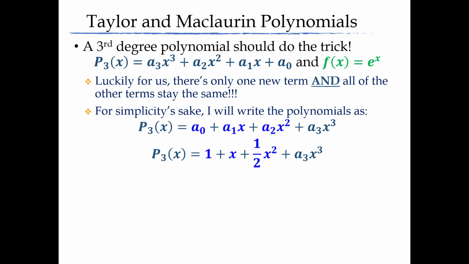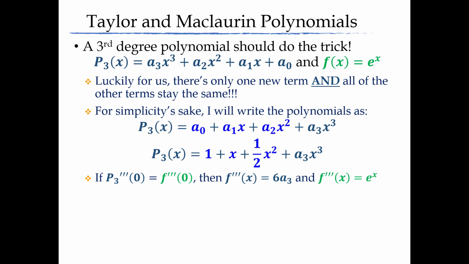Now, in order to find a sub 3, we're going to have to add another condition. This condition is that the third derivative of our polynomial should equal the third derivative of our original function when x equals 0, or when x equals the value that's close to the point that we know.